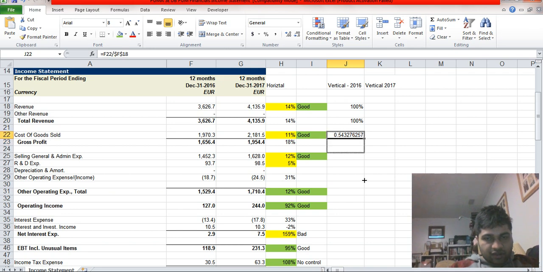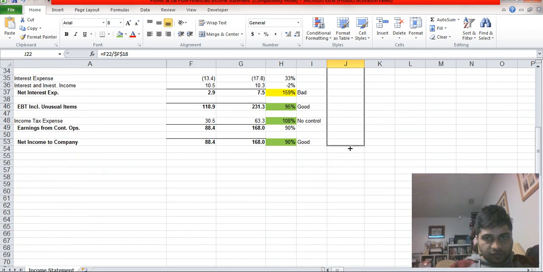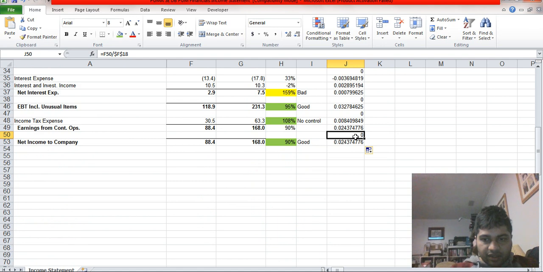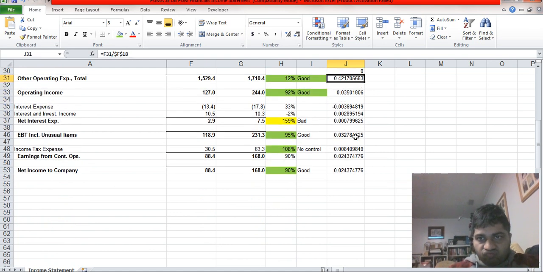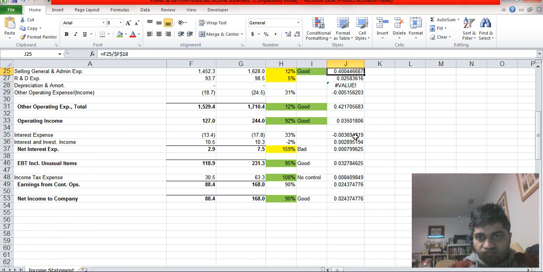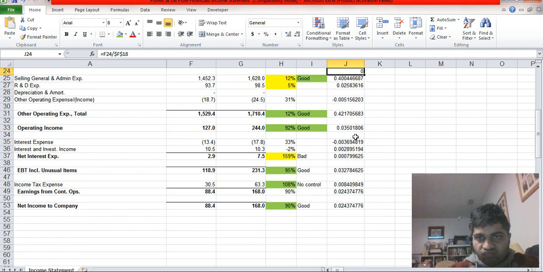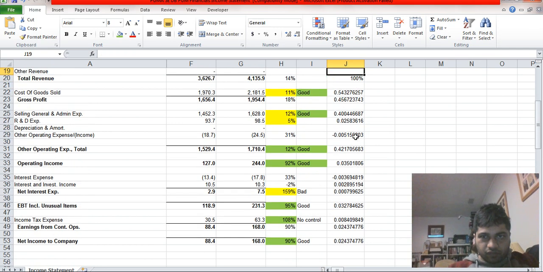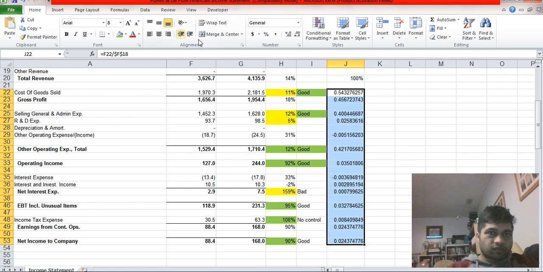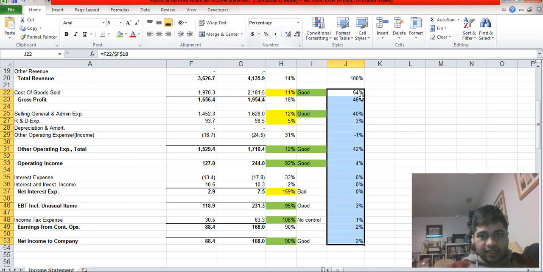Okay, and just dragging it down, then cleaning up data, wherever you are getting zeros, and putting percentage signs.